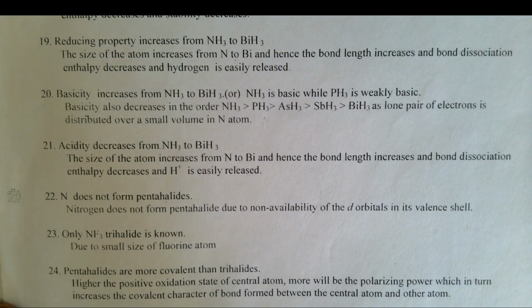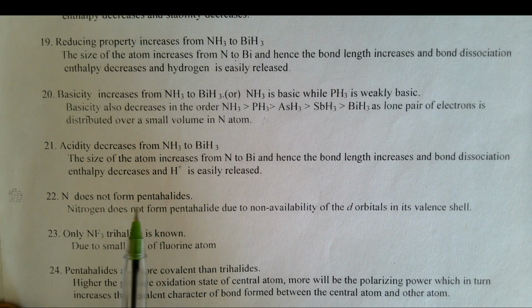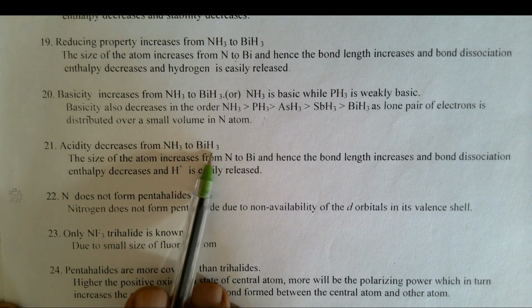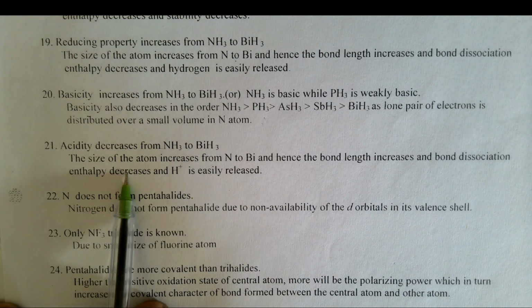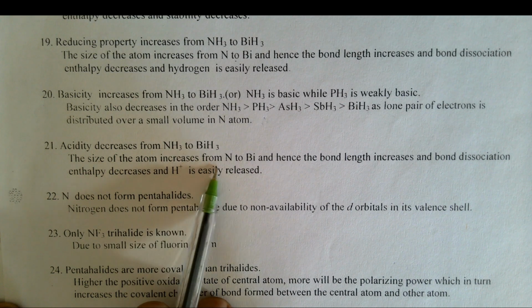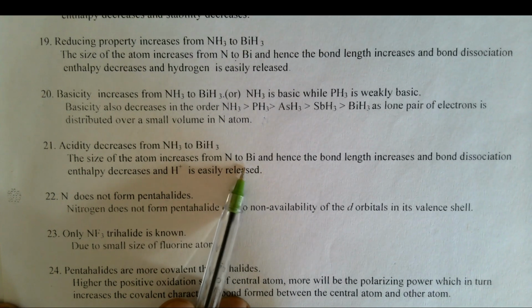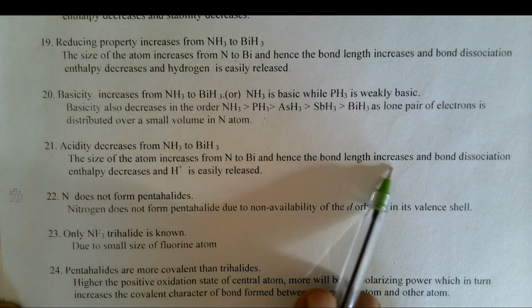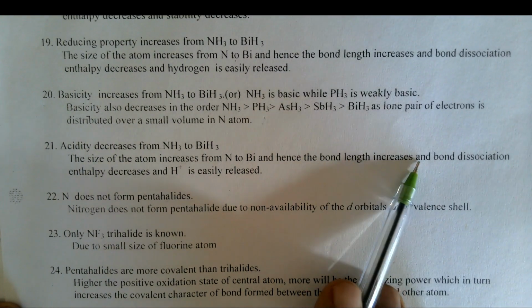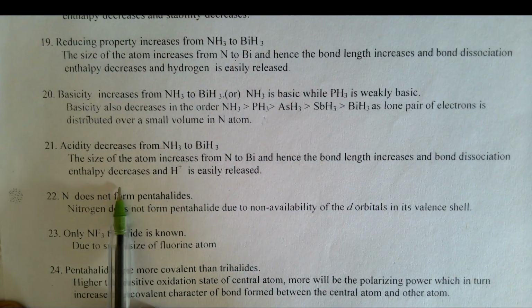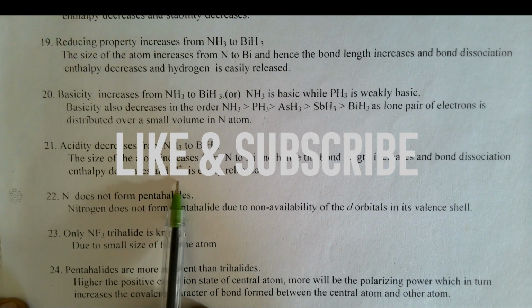Next question, acidity increases from ammonia to BiH3. It is because the size of the atom increases from nitrogen to bismuth, and hence the bond length increases and bond dissociation enthalpy decreases, and hydrogen ion is easily released.